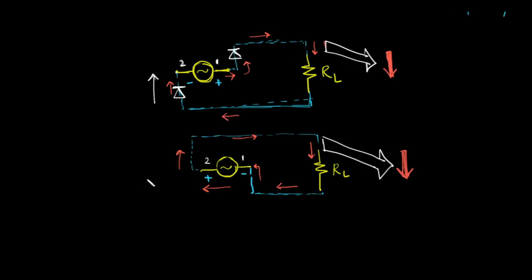And in this circuit, since we want the current to pass in this direction, we can do it again by connecting two diodes.